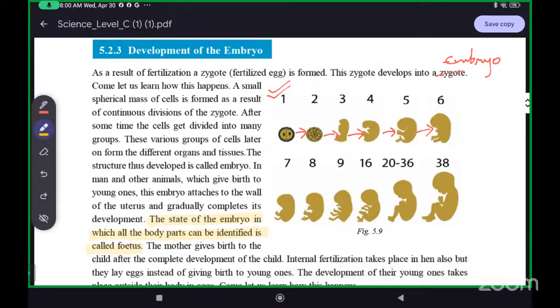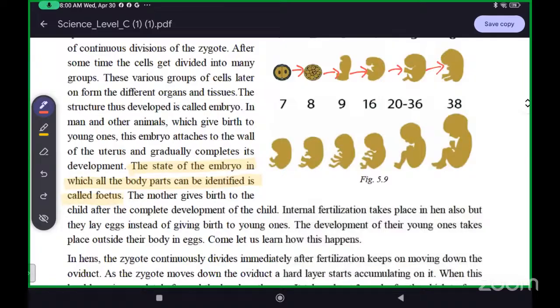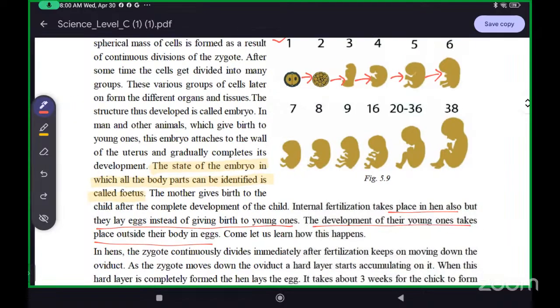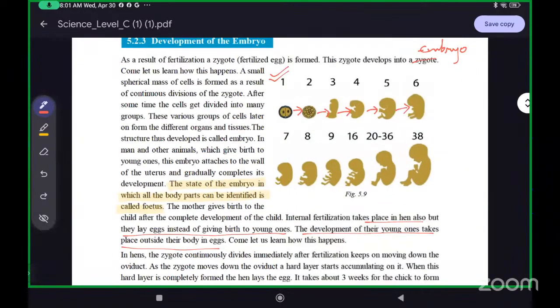The mother gives birth to the child after the complete development of the fetus. Internal fertilization takes place in hens also, but they lay eggs instead of giving birth to young ones. The development of the young ones takes place outside their body in the eggs. Understood about the zygote, embryo, fetus, and baby?